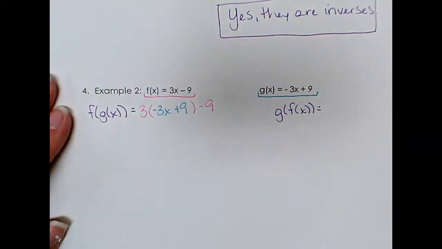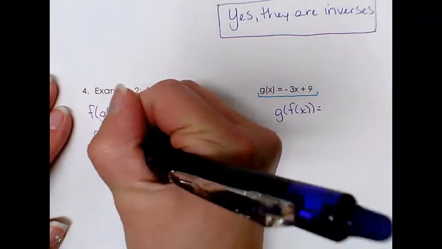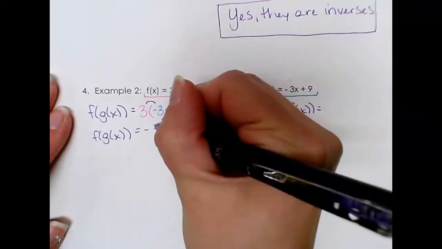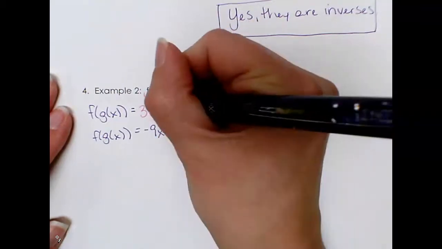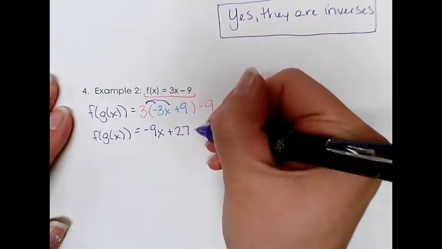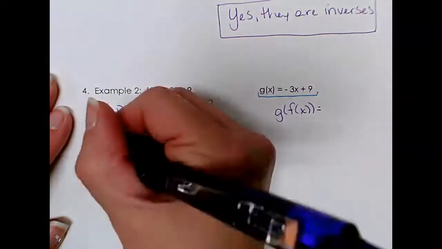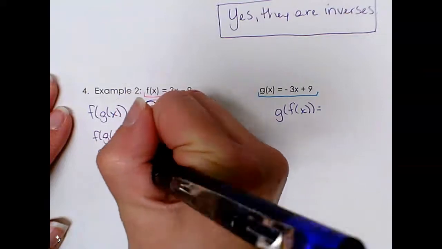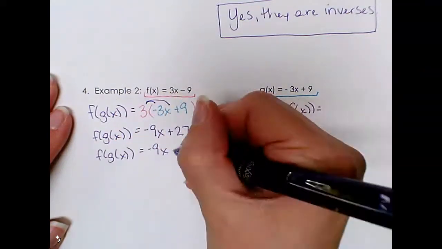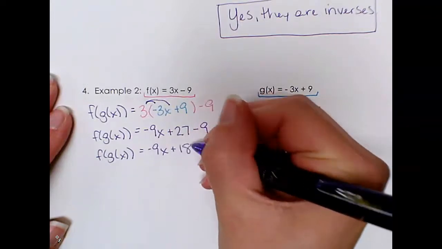So when I simplify for f of g of x, I get 3 times negative 3x. I get 3 times 9, and I get minus 9. Uh-oh. f of g of x is equal to negative 9x plus, what is that, 18?